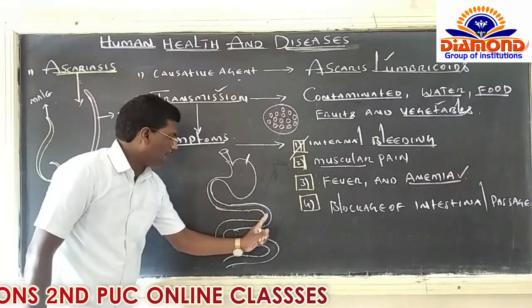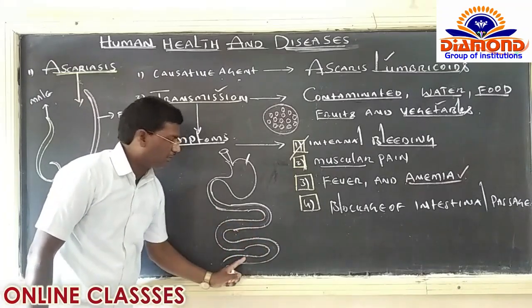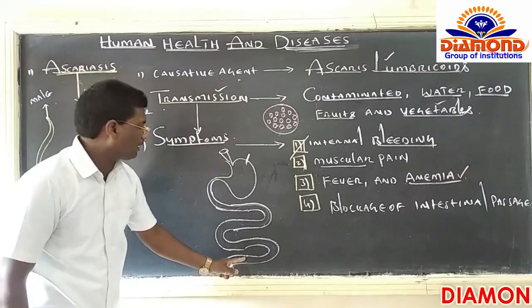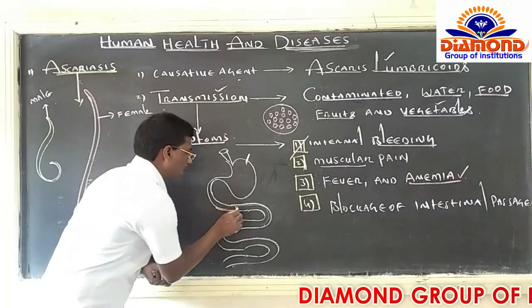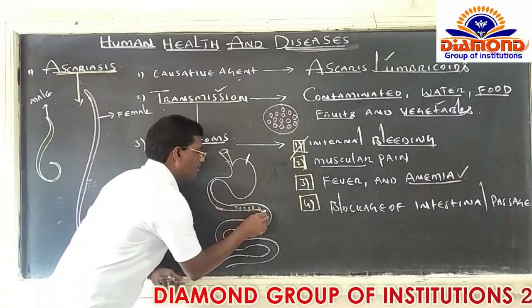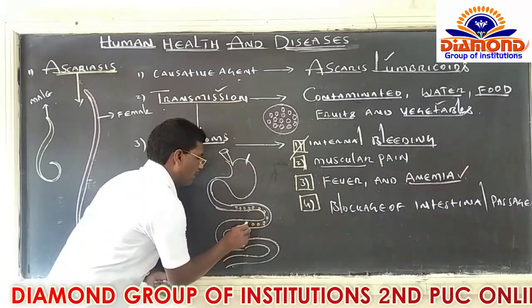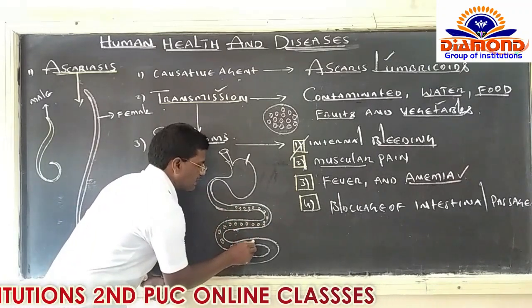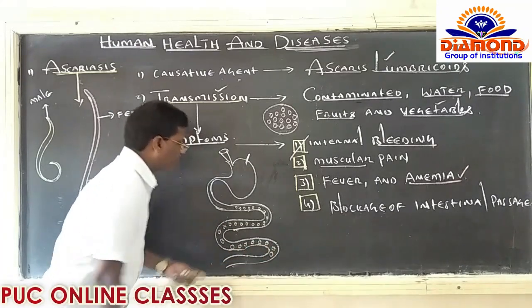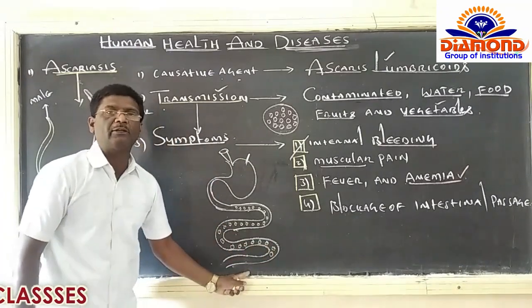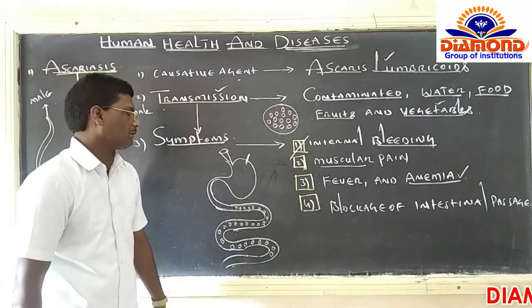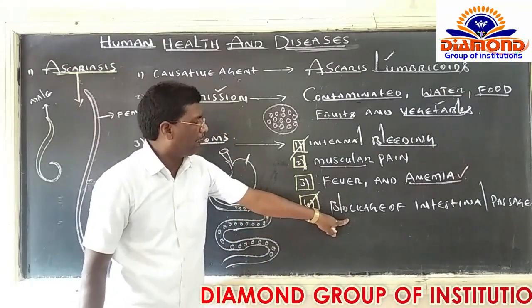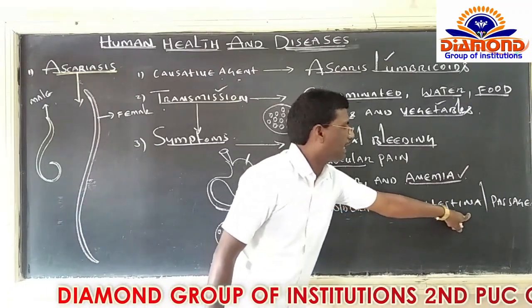So here, the small intestine cavity is completely blocked with Ascaris organisms, male and female, and on top of that, a huge number of eggs are released inside the small intestine. Because of this, whatever food material is present inside the small intestine cannot be transported properly from one part of the small intestine to another part. Such a phenomenon I would like to explain here with a single point: blockage of intestinal passage.